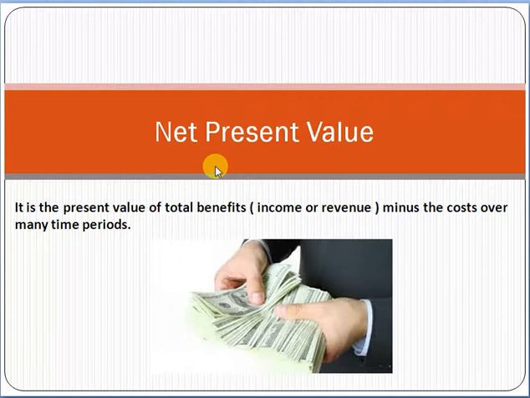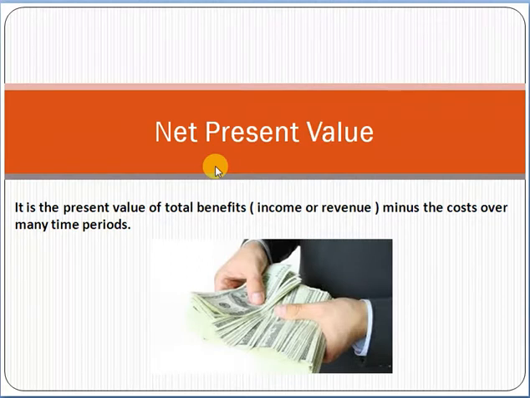Present means today: what is the current present value of your project after cutting all your expenses, all your costs? What is the value which is in your hand today? So this is called the net present value. The value which remains in your hand after cutting every expense, every cost, is called the net present value.